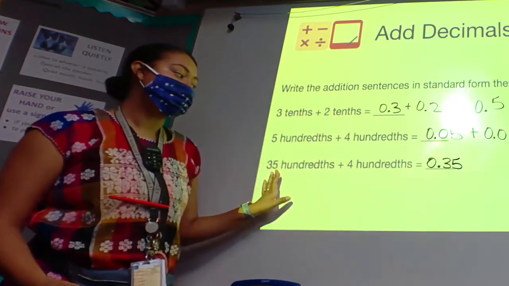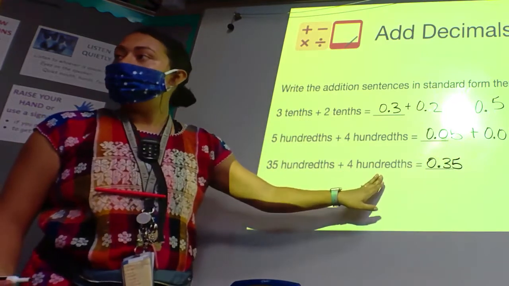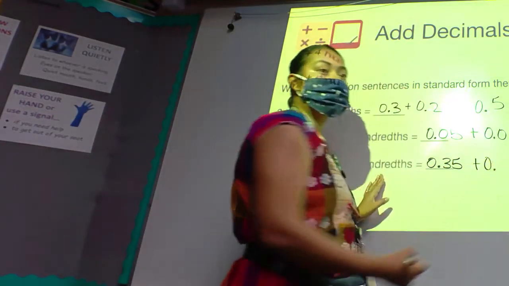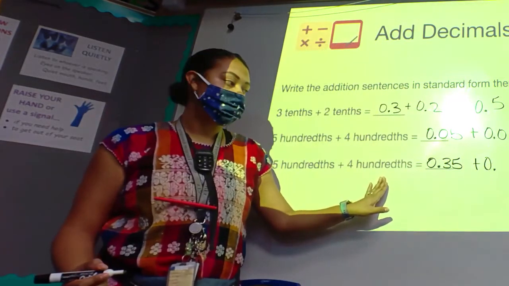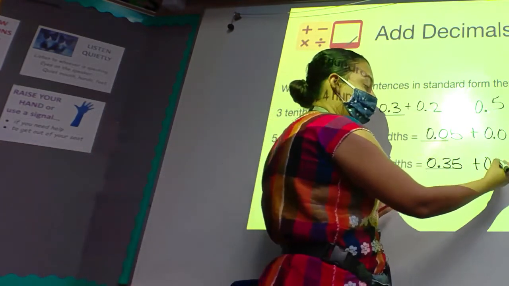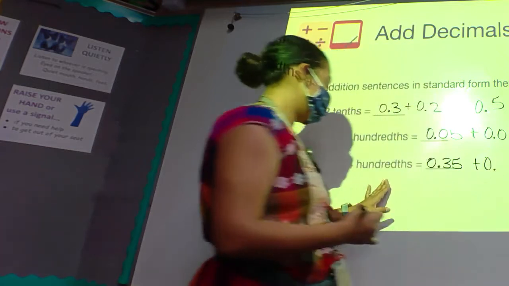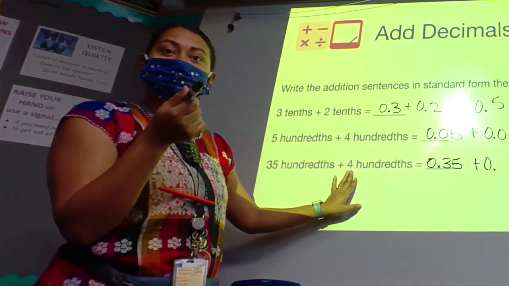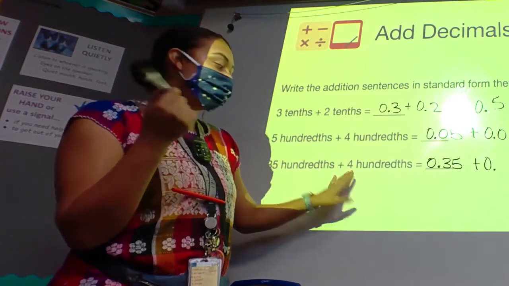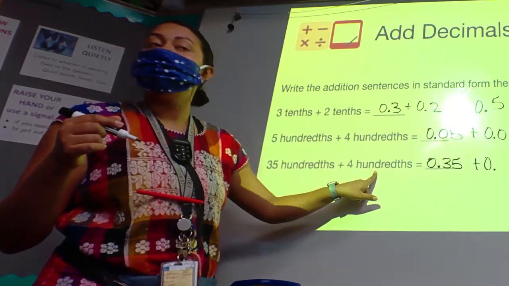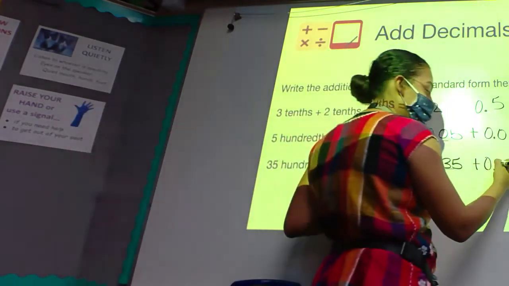35 hundredths plus 4 hundredths. So what does that look like? Ledger? 0.39. For our answer. Hold on. You're going too fast. We're writing 4 hundredths in standard form first. Noah? 0.04.